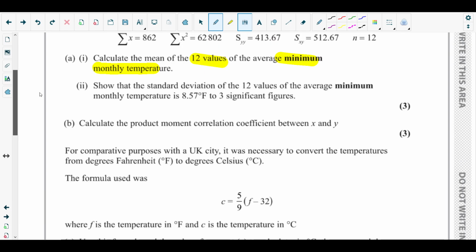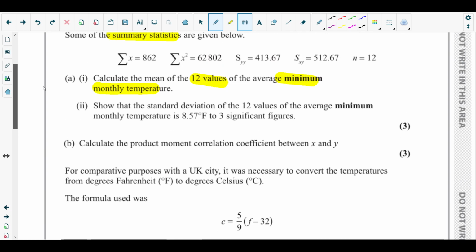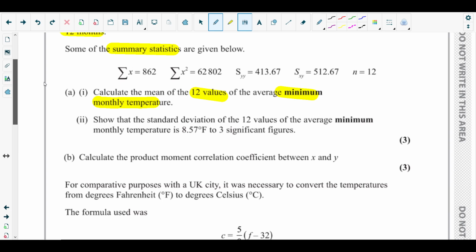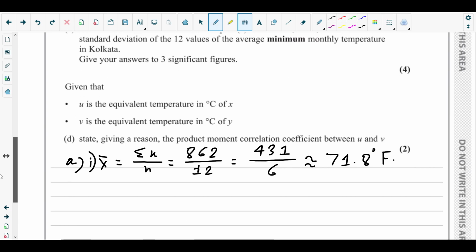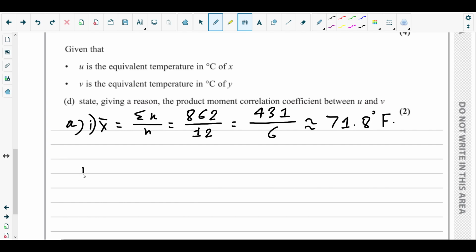Next, part B. Show that the standard deviation of the 12 values of the average minimum monthly temperature is 8.57 degrees Fahrenheit to 3 significant figures. So we need to find the standard deviation. Sigma is the square root of the variance.